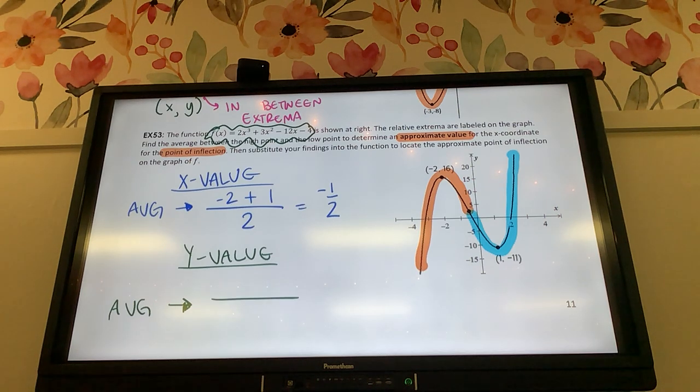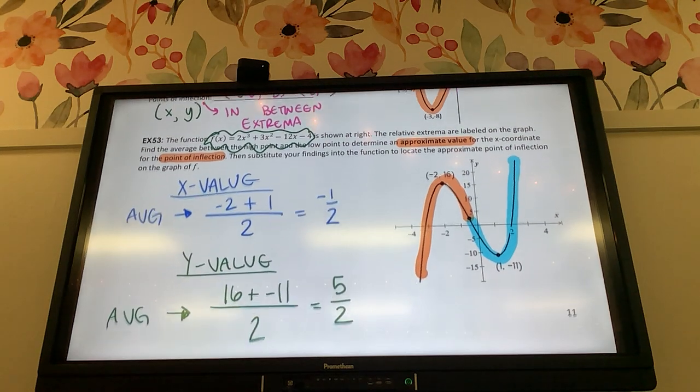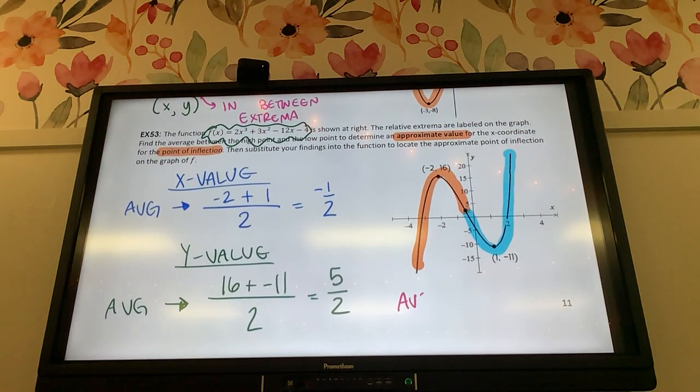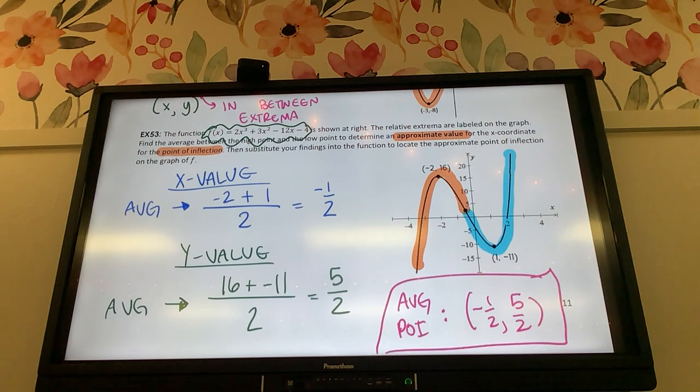All right, so what's one of my y values? 16 plus negative 11 divided by 2, which is going to be 5/2. So my average point of inflection is going to be about negative 1/2, 5/2. About. It's an average, all right? But that's a way that you can kind of average.